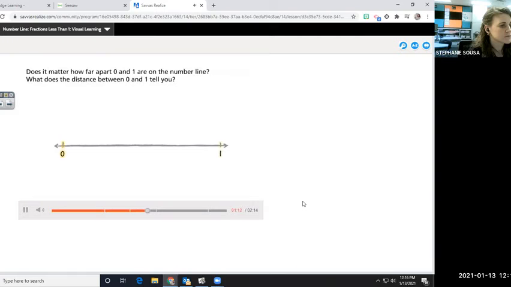Does it matter how far apart 0 and 1 are on the number line? What does the distance between 0 and 1 tell you? So here's the question. Does it matter how long my number line is? I have 0, I have 1.